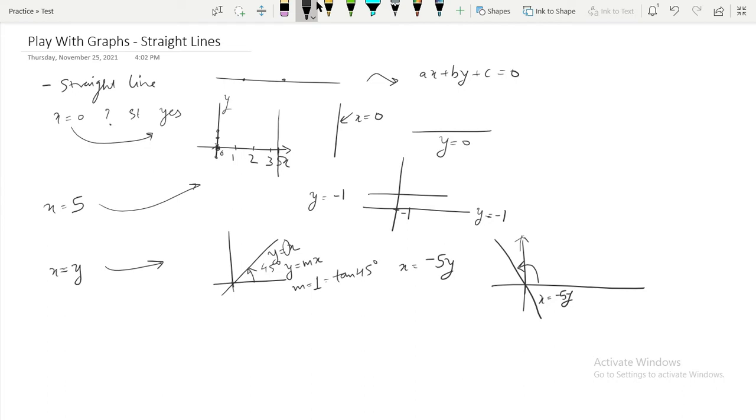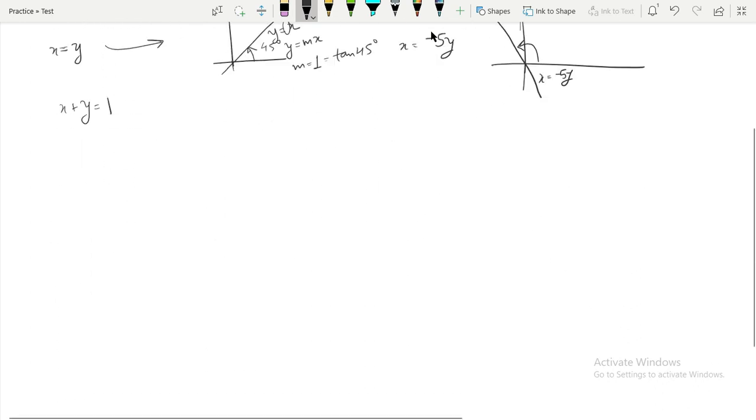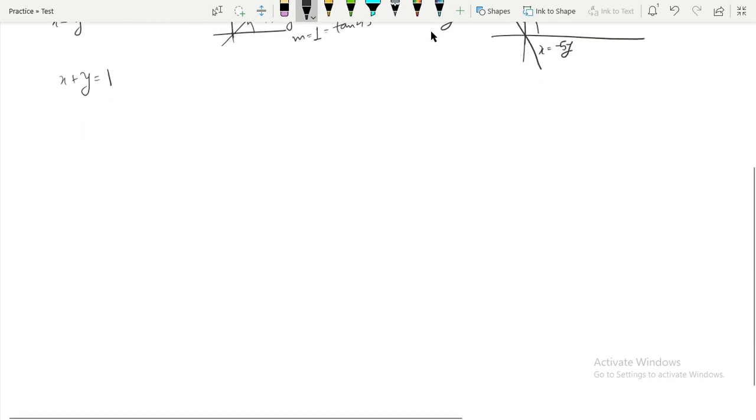Now if there is a line like this, suppose x plus y is equal to 1, these lines up till now were all simple to demonstrate, but if we are having lines like this, x plus y is equal to 1, then how will you plot it?